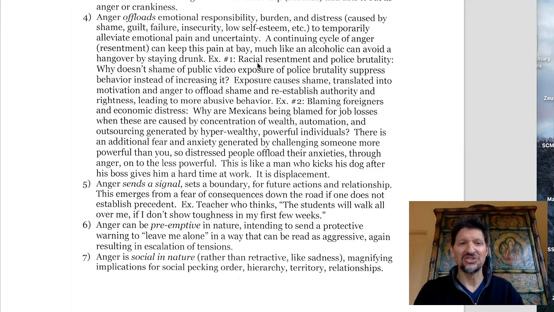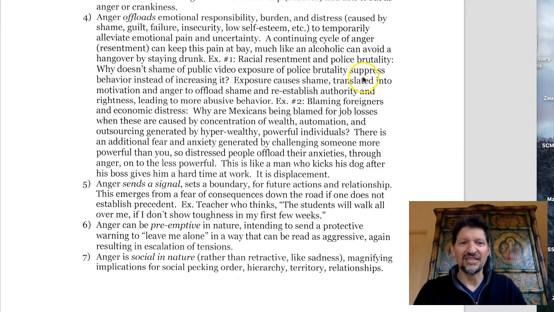I always ask the question, why doesn't the shame of public video exposure of police brutality suppress behavior instead of seeming to increase it? You saw this a lot with the Black Lives Matter movement, etc. And it's a really important question, and it seems baffling from a rational perspective, but let's look on the inside and we begin to see an explanation. Exposure causes shame.